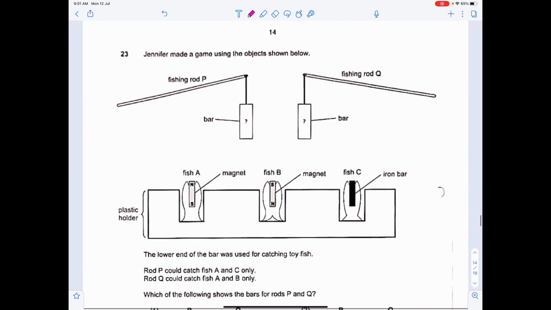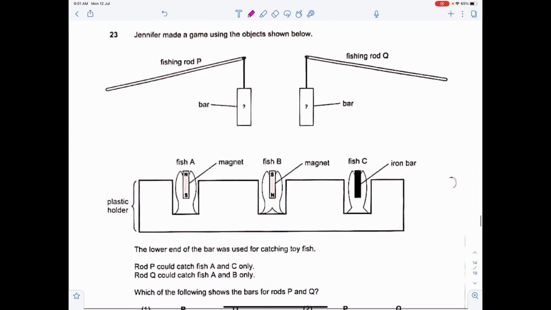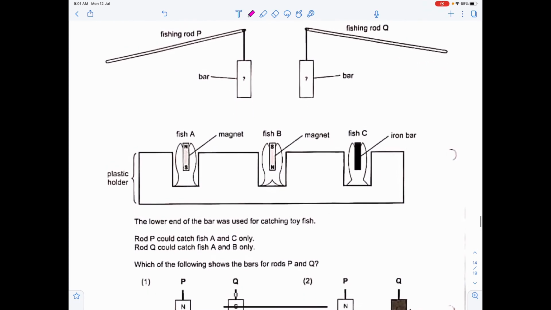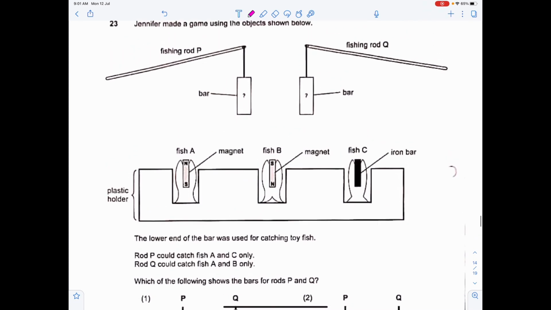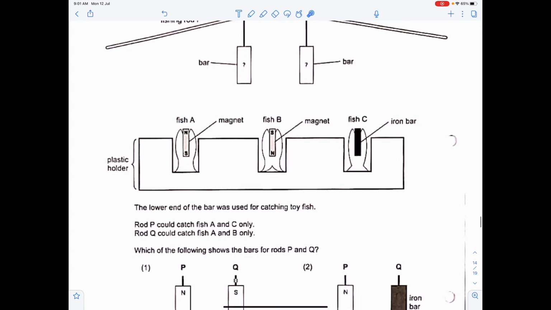Next. Jennifer made again using the objects as shown below. Now, what happens is that they're telling you that this rod is used to catch the different fish. And then they tell you that rod P could catch fish A and fish C only, while rod Q can catch fish A and B only. So for this, I will do some annotation to help myself make sense of this.